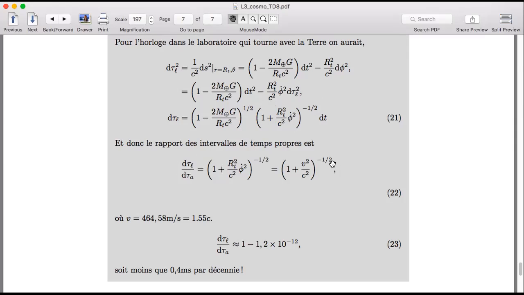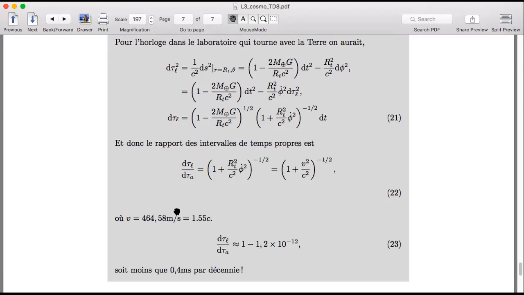And this looks, so we can say this is an angular velocity squared times a radius squared. This looks like a linear velocity squared. It's the linear velocity associated with the rotation of the Earth, which turns out to be almost 465 meters per second.